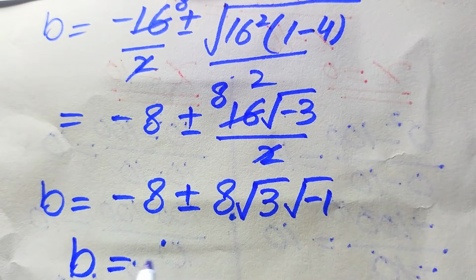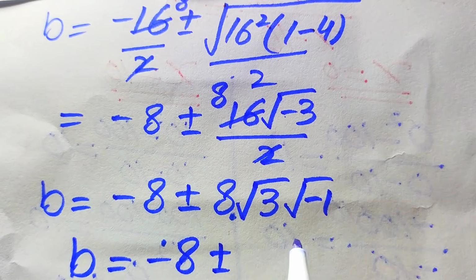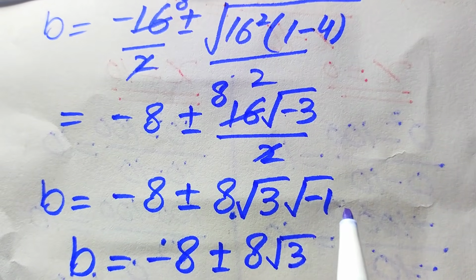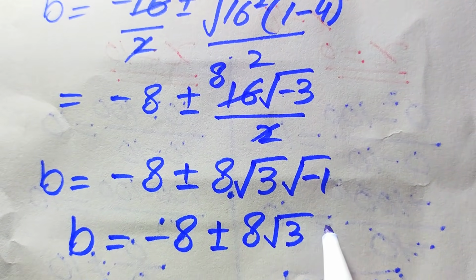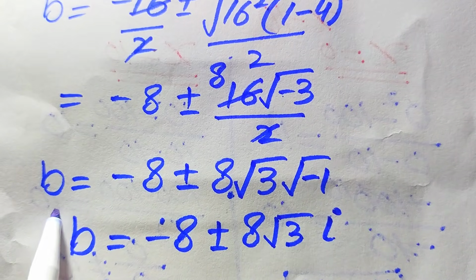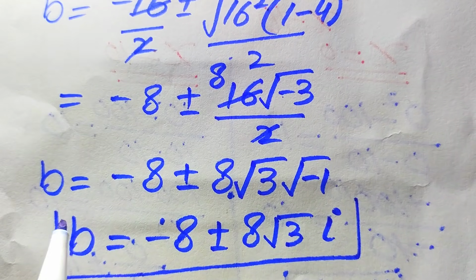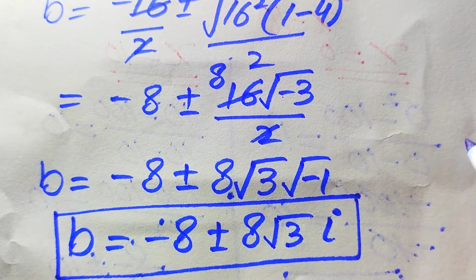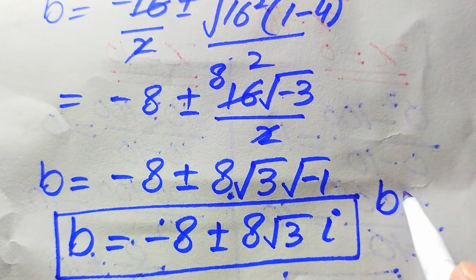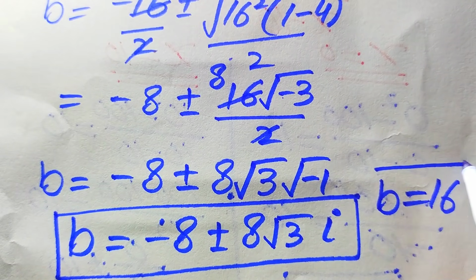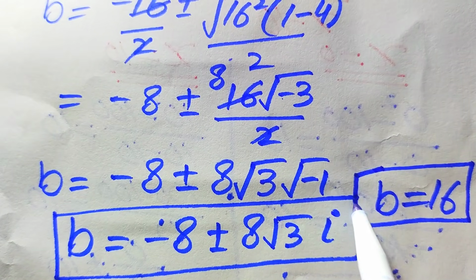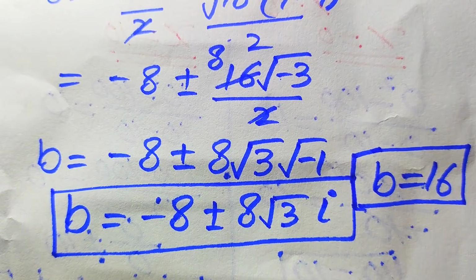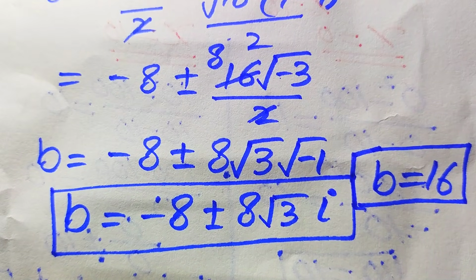So finally we get b is equal to minus 8 plus minus 8 times square root of 3 into square root of minus 1, and we know that square root of minus 1 is equal to i. These are the two complex roots of the given equation, and b is equal to 16 is the only real root of the given equation. So these are the three roots of the given equation which we get in this method.